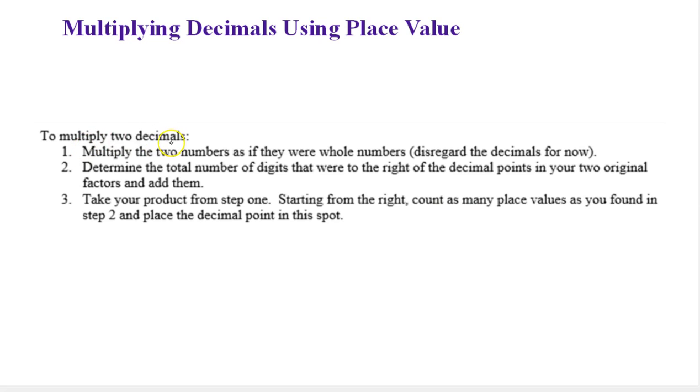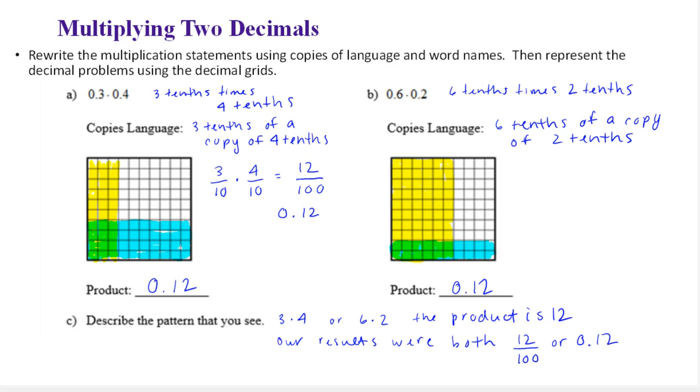To multiply 2 decimals, we're going to multiply the 2 numbers as if they were whole numbers. So we're just going to disregard the decimals at first. Then we're going to determine the total number of digits to the right of the decimal point in your original 2 factors and add them. So in our case, we add 1 digit to the right, 1 digit to the right. 1 plus 1 is 2, and it was the same here.